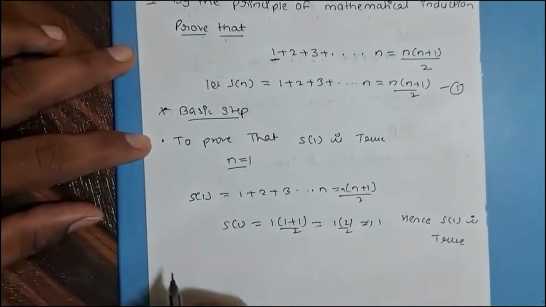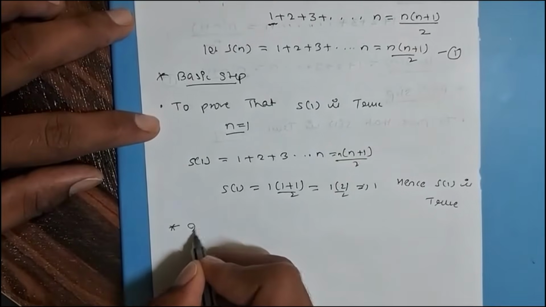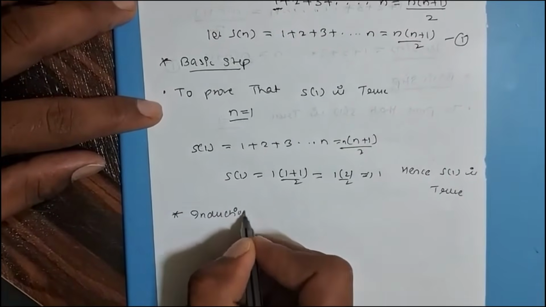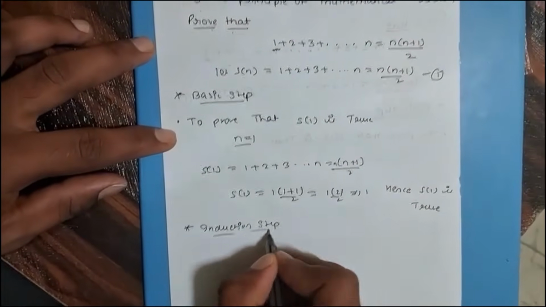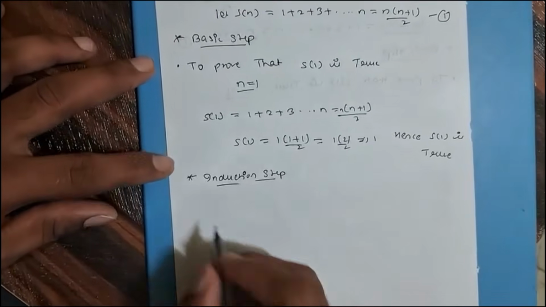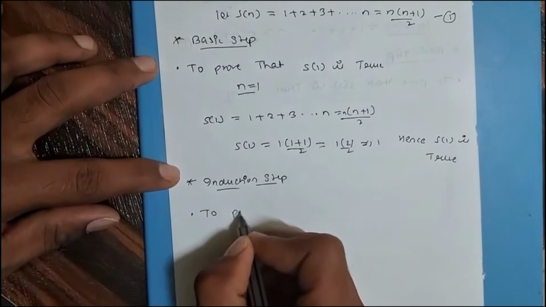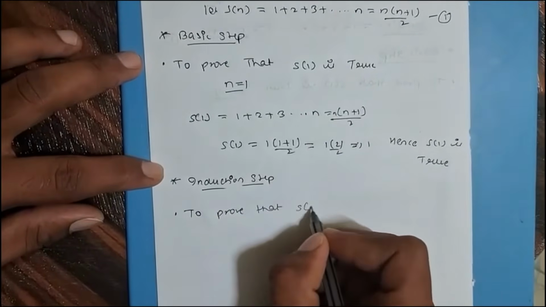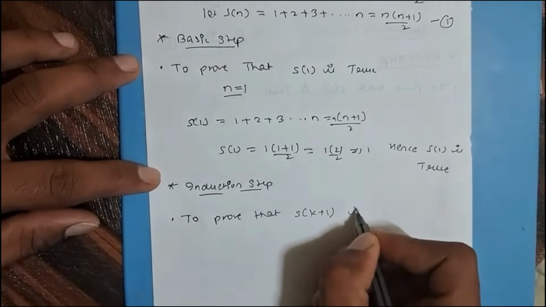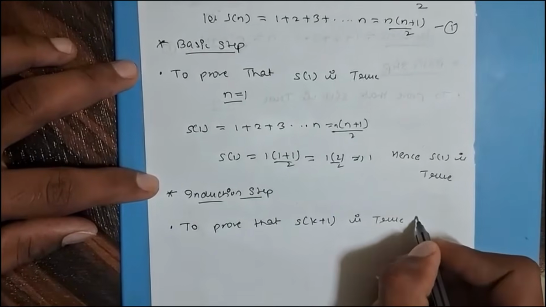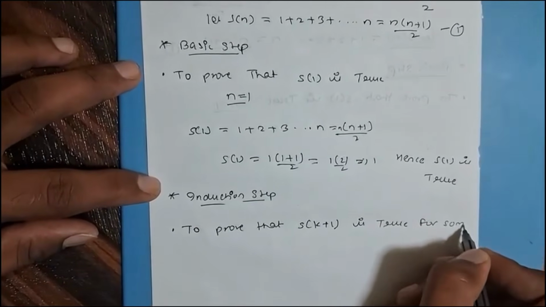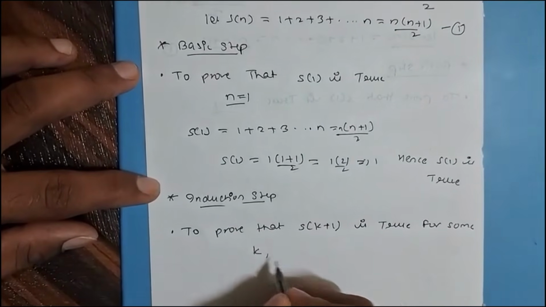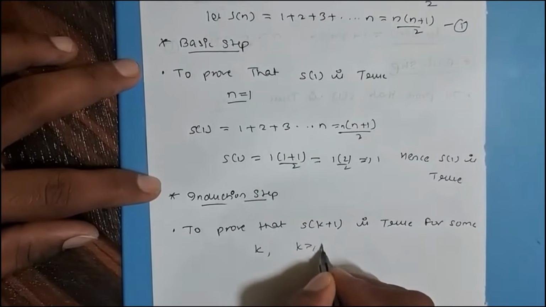So the next step is the induction step. So what we have to do in induction step? We have to prove that S(k+1) is true for some k greater than or equal to 1.